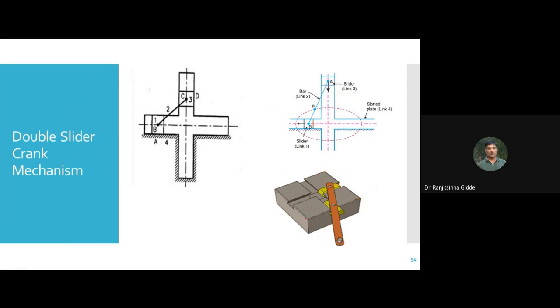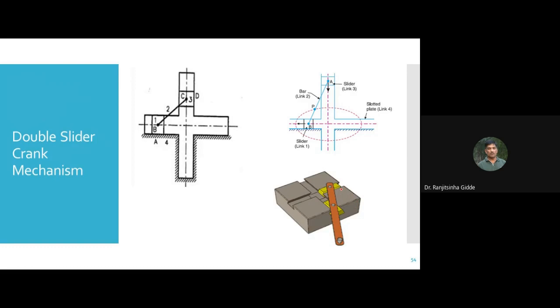Here the slider and the bar have a turning pair. The slider and this bar at this point have the first turning pair and the second turning pair. Then we need to check how many sliding pairs.